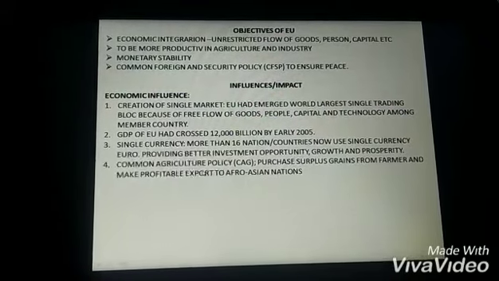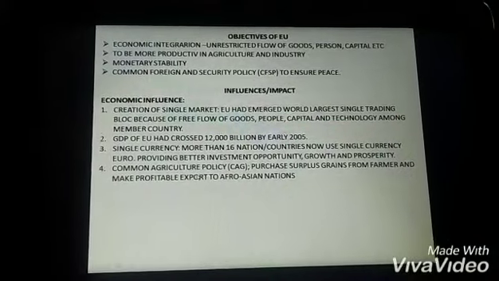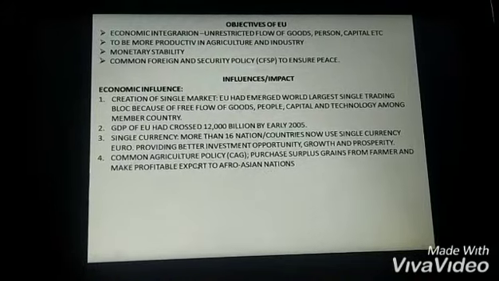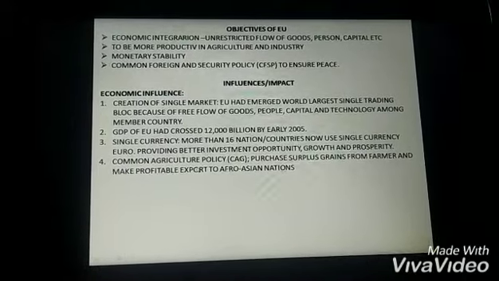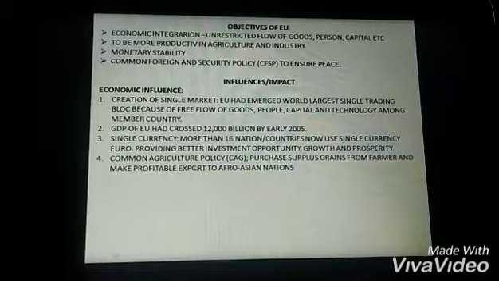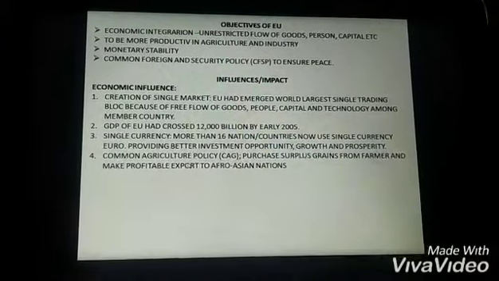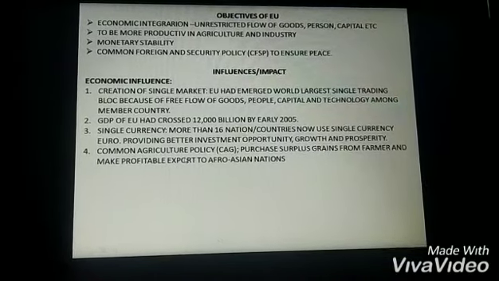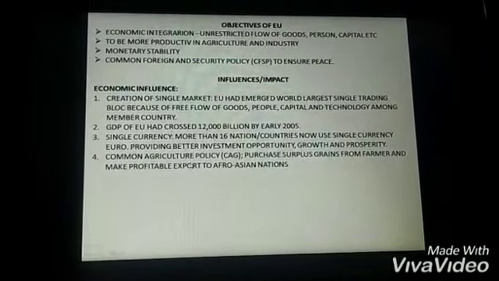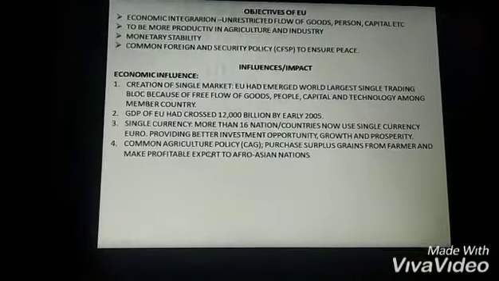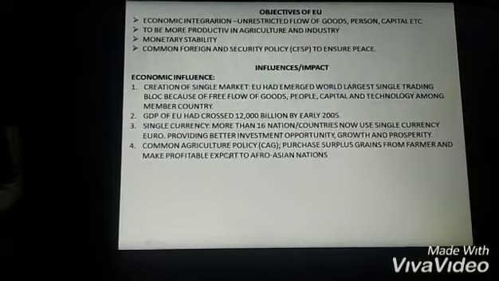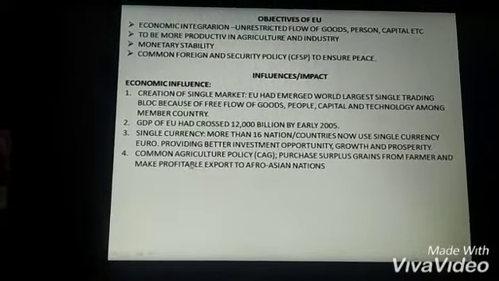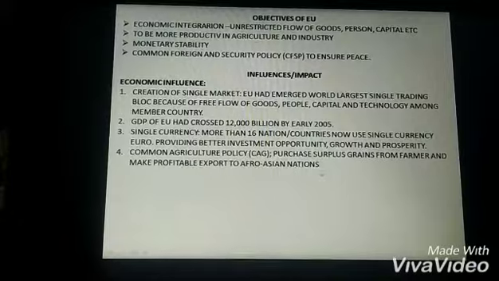The fourth one is the common agricultural policy. These European Union member countries used to purchase a surplus grain from the farmers, and then they make a profitable export to the Afro and Asian nations.